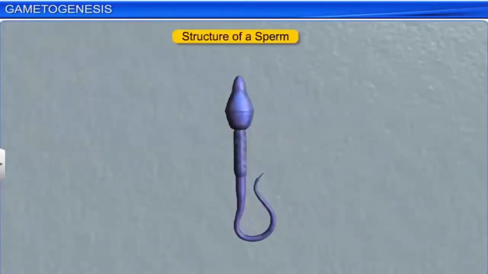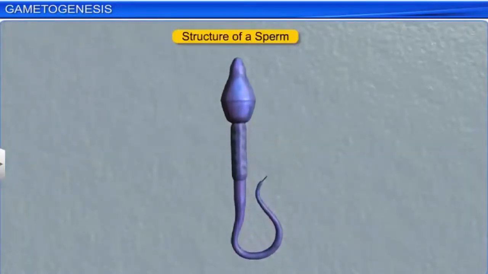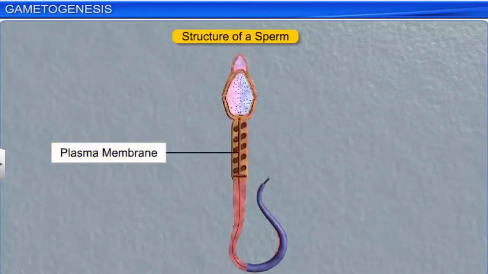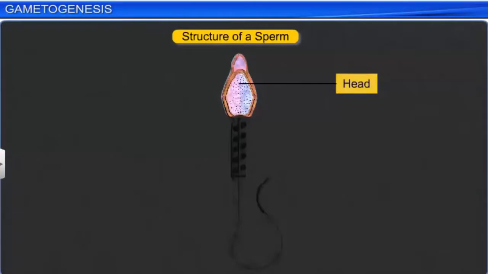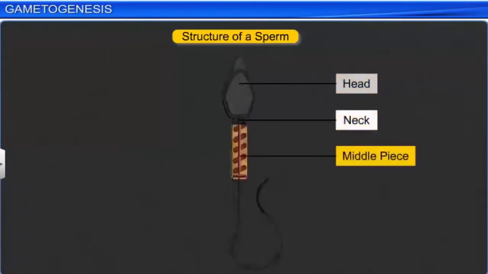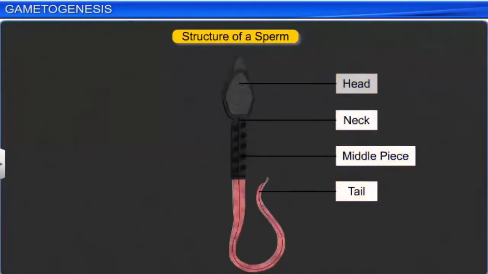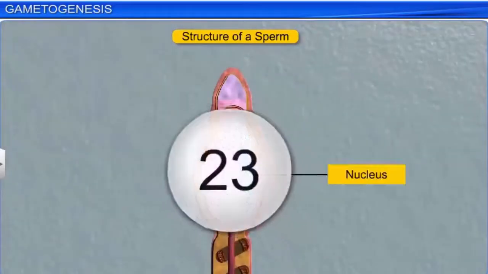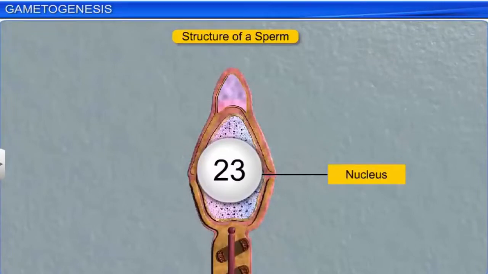Microscopic studies have revealed that a typical sperm is covered by a plasma membrane and has 4 distinct parts: head, neck, a middle piece, and a tail. Inside the head lies an elongated haploid nucleus containing chromosomes.